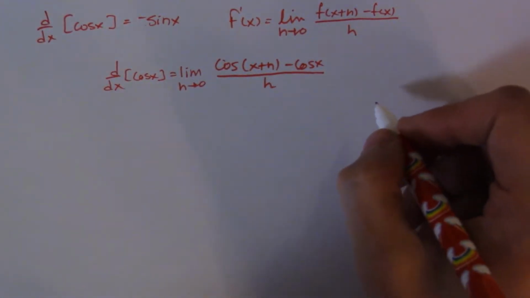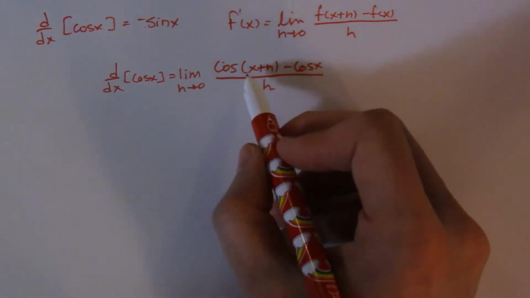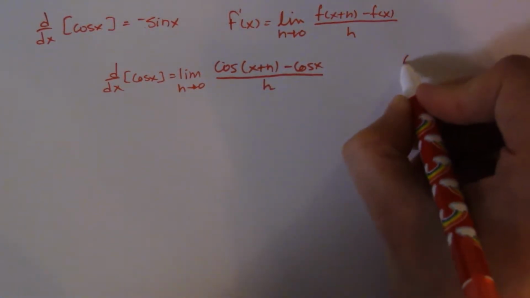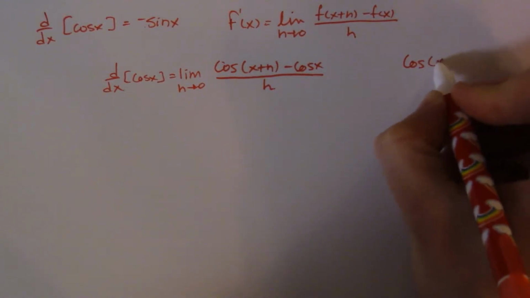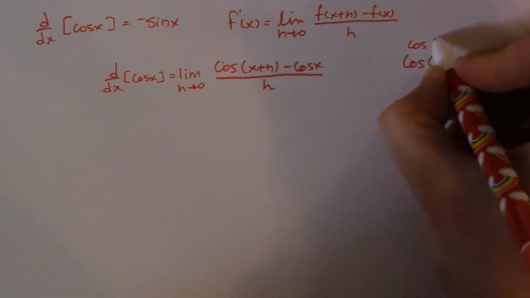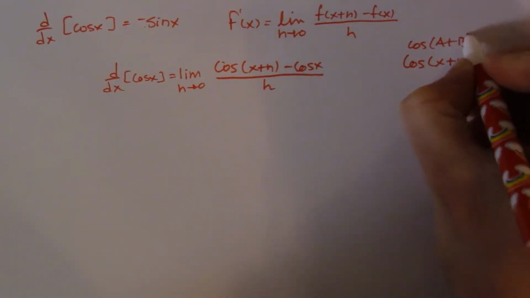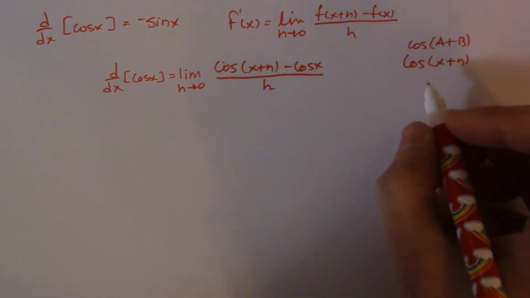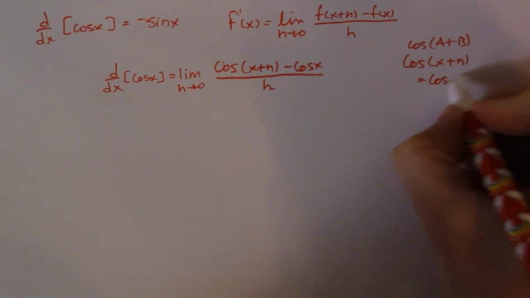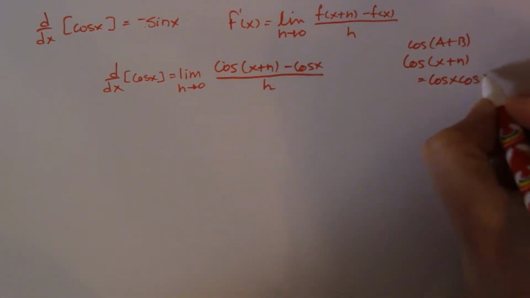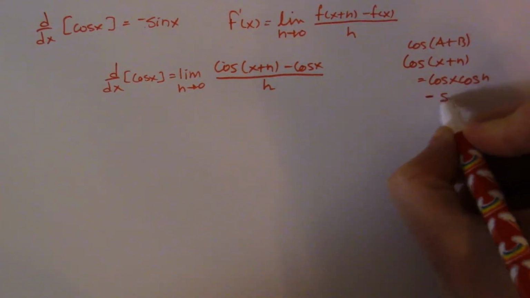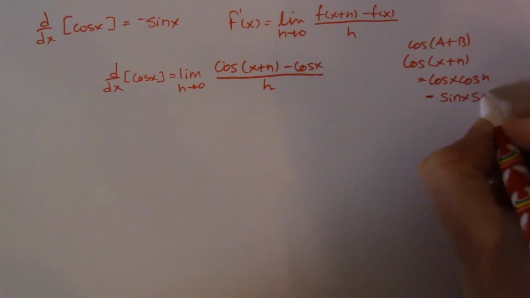So now what I need to do is rewrite cos of x plus h. That is one of my sum formulas. Cos of x plus h is the same as cos of a plus b, which is cos x cos h minus sin x sin h.